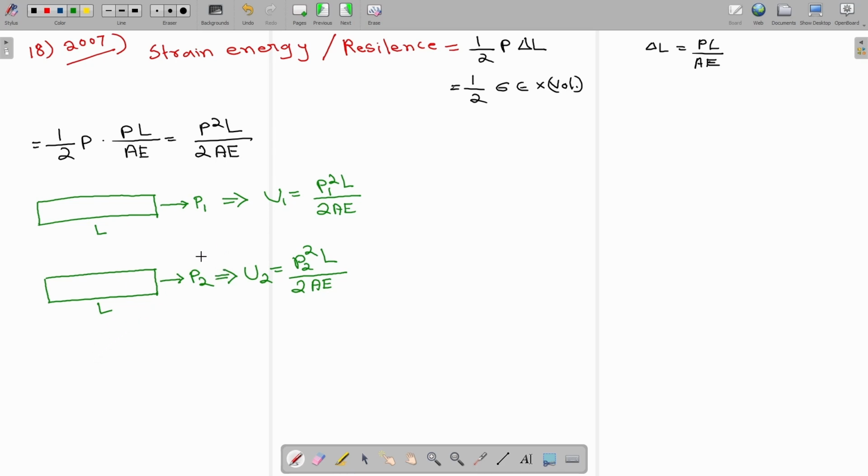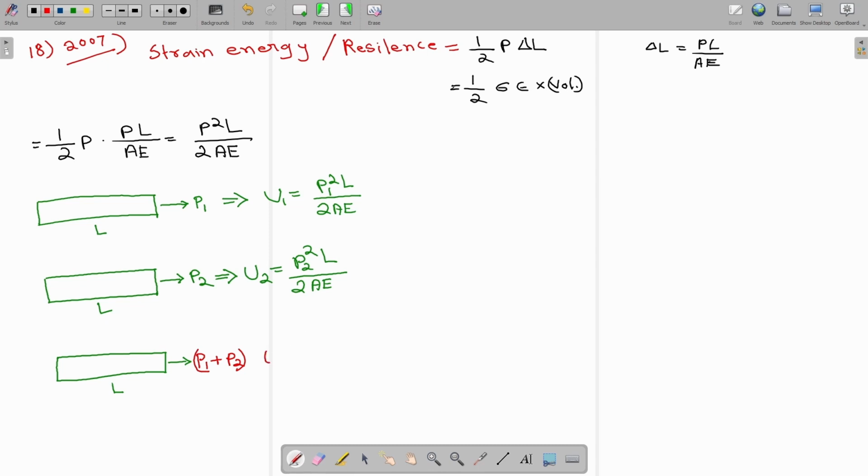Now what we are going to do is combine these two forces and apply them on the same bar. That is, we are going to take the same prismatic bar of length L, but in this case we are going to apply the load P1 plus P2, the combined load.